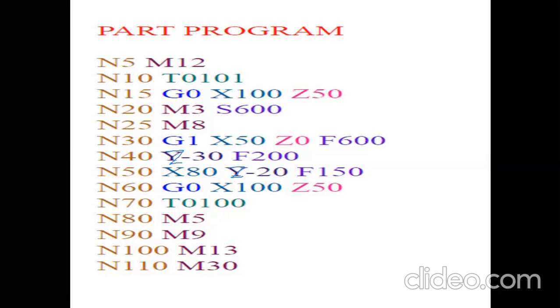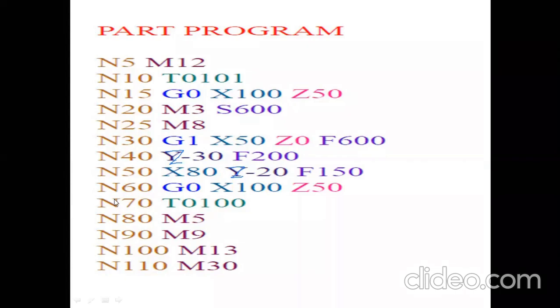G00, as we know, represents the rapid movement of the tool from the working position to the home position, and its parameters are an X value of 100 and a Z value of 50. This is your command when the tool is moving from the working position to the home position.